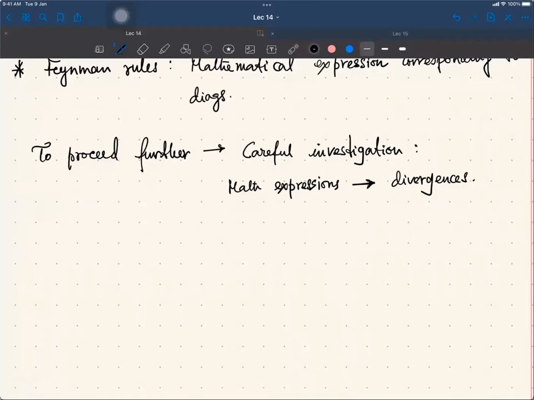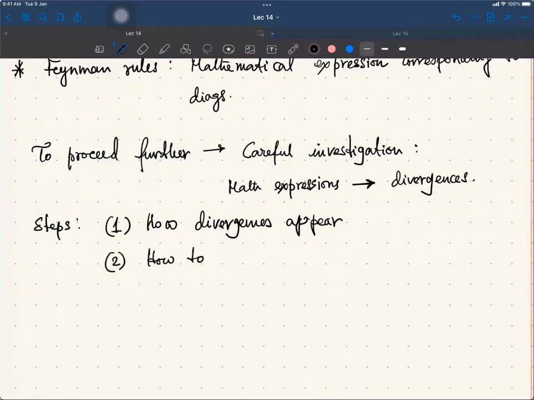So the steps that we shall follow: first, how divergences appear. And then next we will do how to classify divergences.